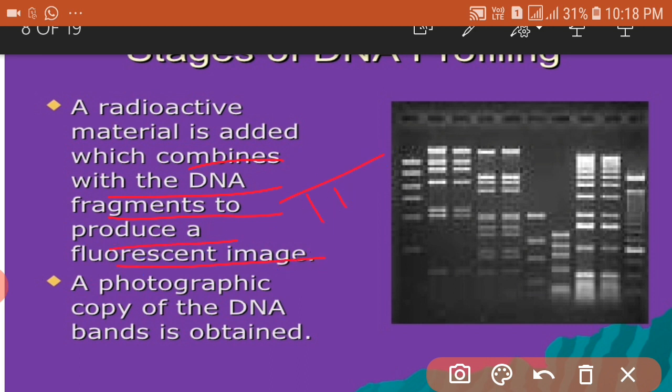Complementary base sequences will form. Suppose it is ATC on the probe, then it will bind with the DNA which has TAG. So the complementary bases will match each other.